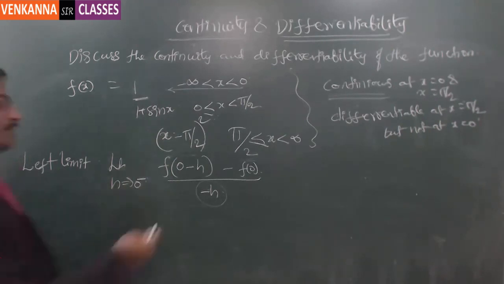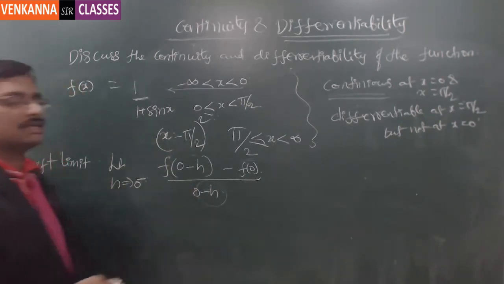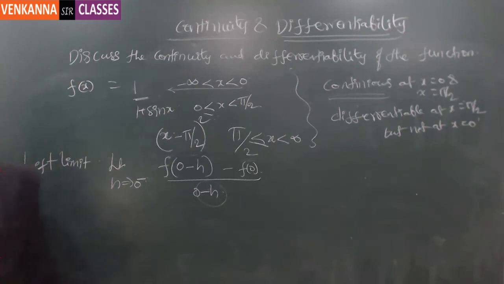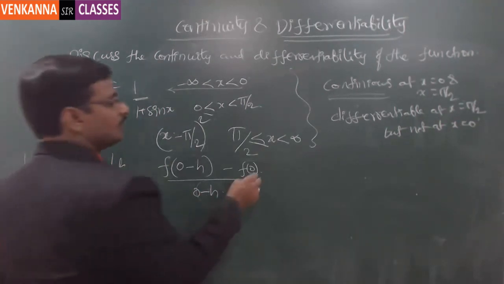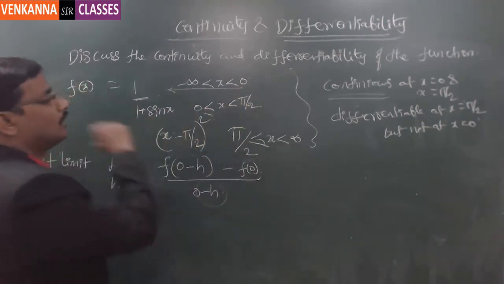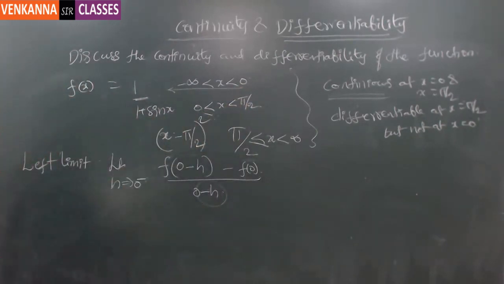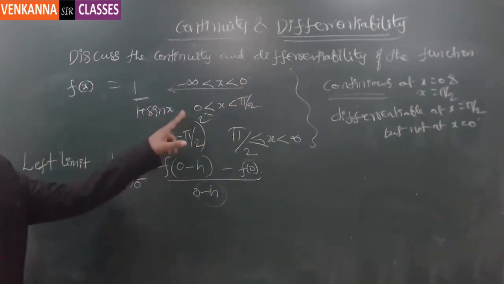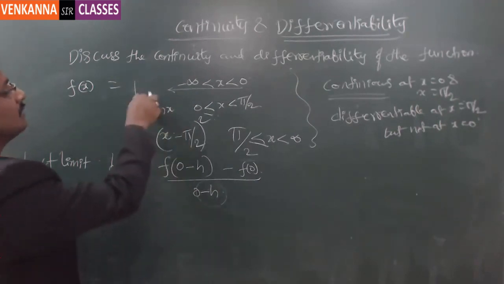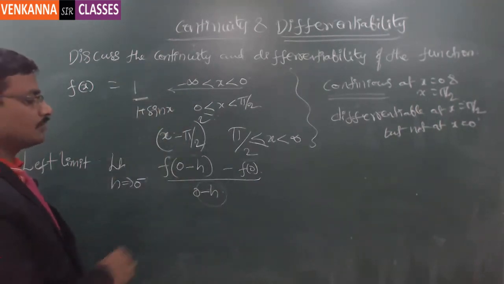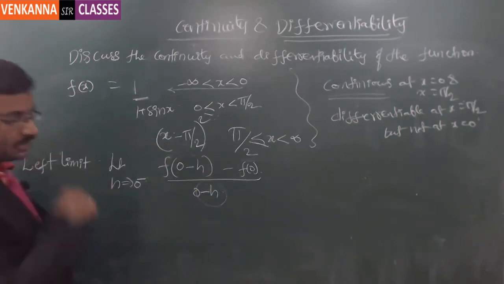So 0 minus h, exactly, right? So 0 minus h, that is the reason why we have kept minus h here. Now the function value f of 0 is coming out to be, we have calculated it already, sorry, f of 0 is 1. Then f of 0 minus h, this value is coming out to be 1. So this is 1 minus 1 is equal to 0.